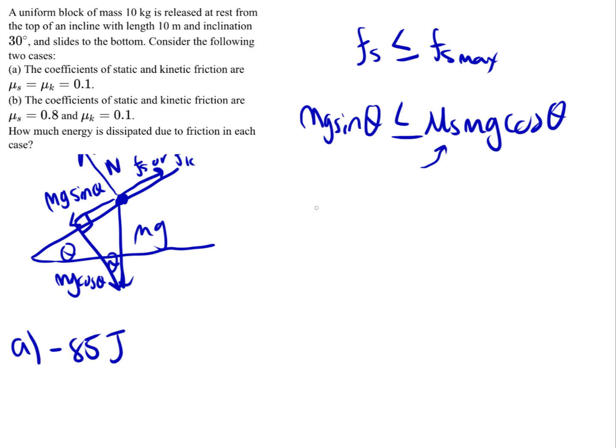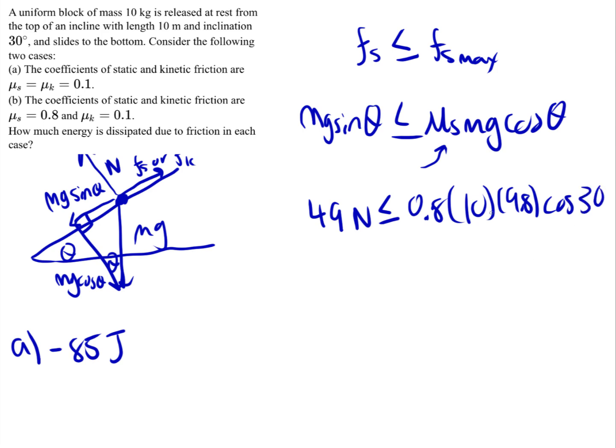So we remember that the left side evaluated to 49 newtons, and that must be less than or equal to the maximum static friction, which we need to calculate again. 0.8 times 10 kilograms times 9.8 meters per second squared times the cosine of 30 degrees.